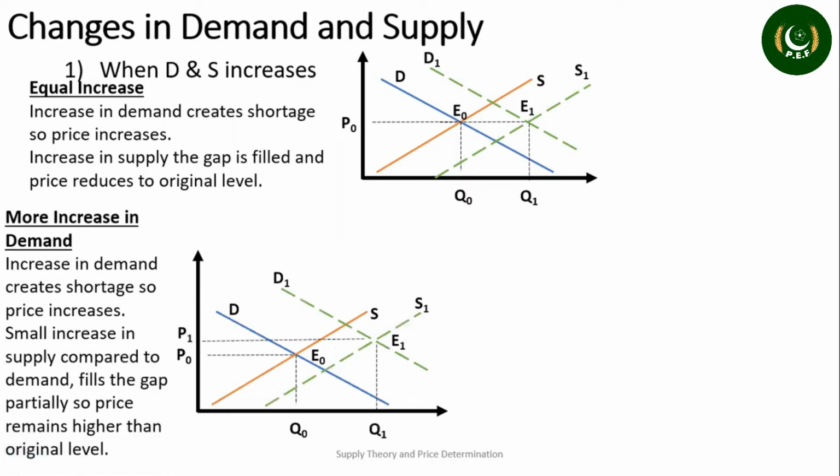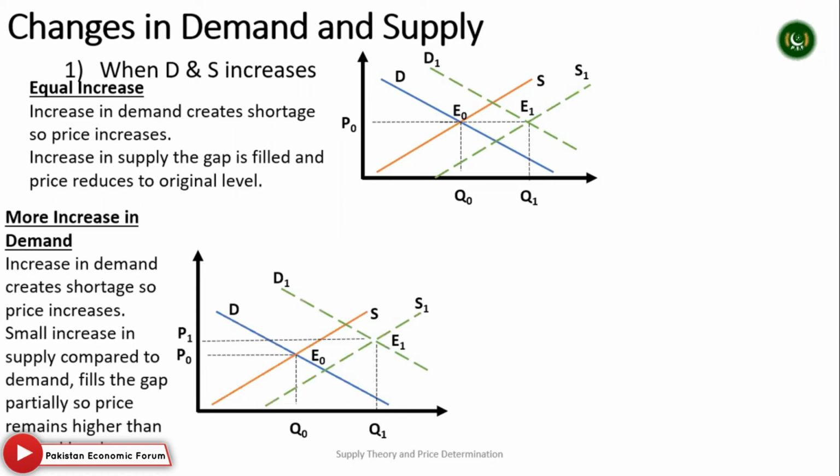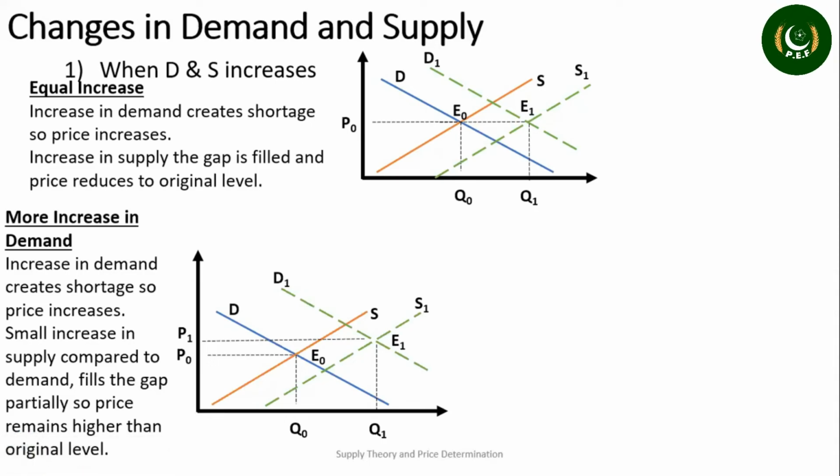Therefore, the prices will not increase too much. However, there will be some increase in the price because the increase in supply has not fully accommodated the shortage. Therefore, finally, the price will increase somewhat and the quantity traded will also increase.